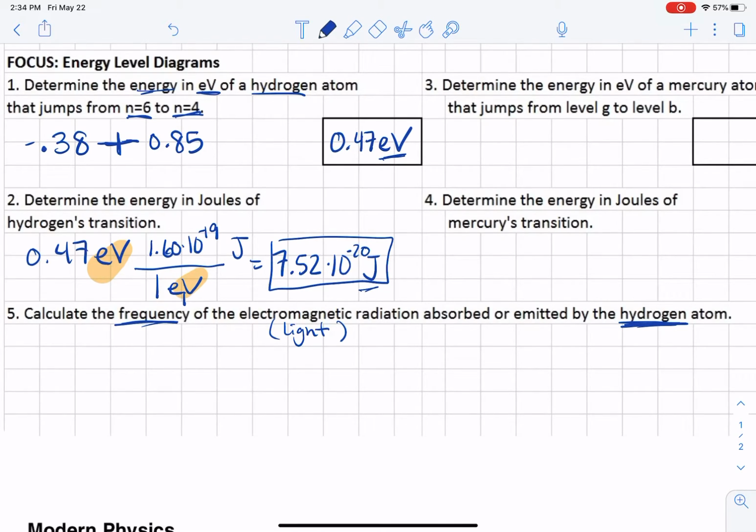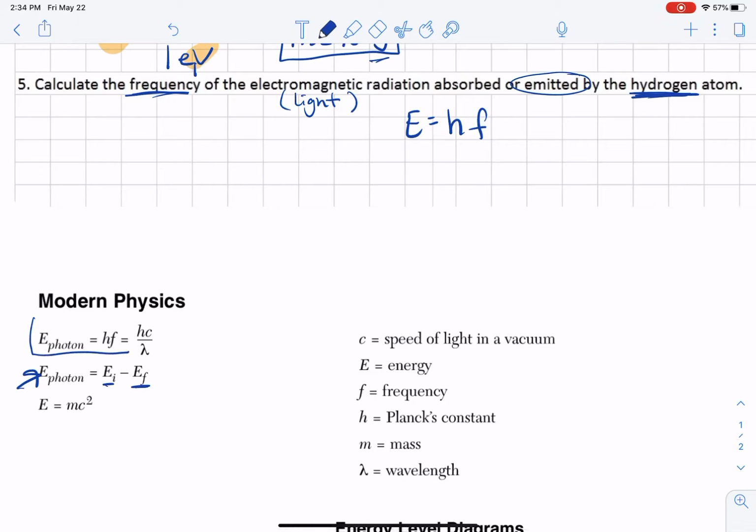So because we went from N6 to N4, that means that the electron released energy, so it emitted energy because it was coming back down towards the nucleus of the atom. But we want to solve for frequency, and we know the energy, so we're going to use this equation in the reference table, which is this one right here.